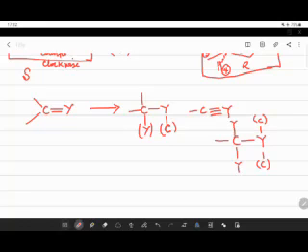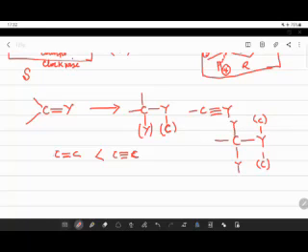What it means is that if I have a CC double bond, it will have a lower priority than a CC triple bond. The reason being that we always look at the atoms directly attached to the carbon.